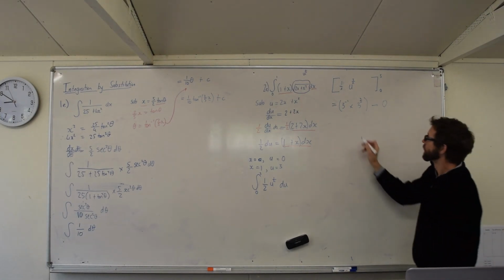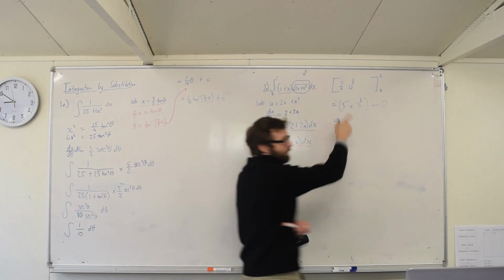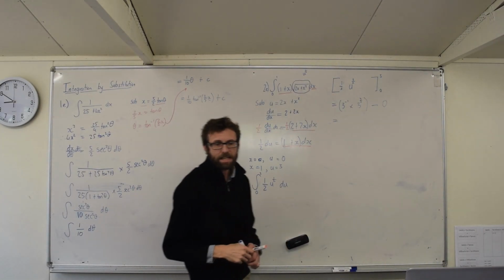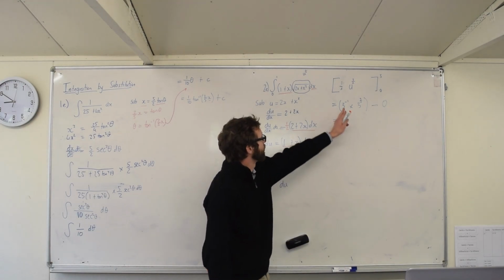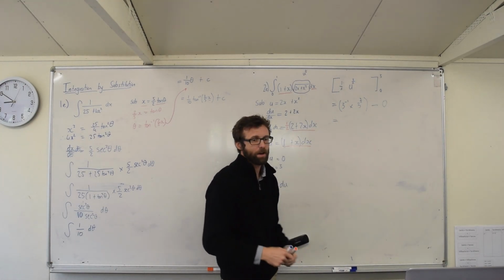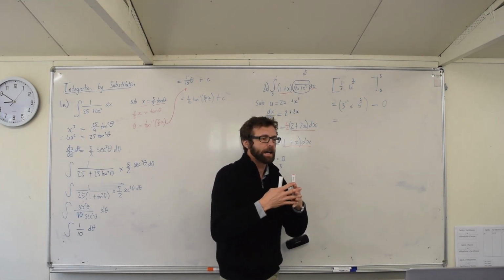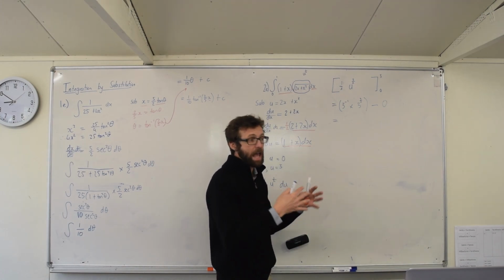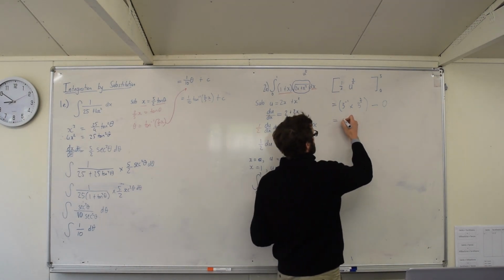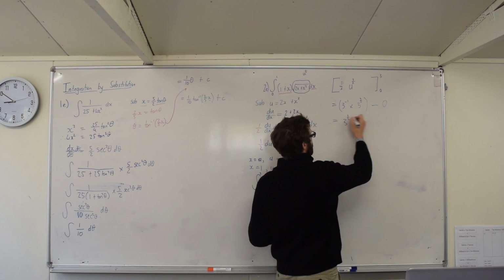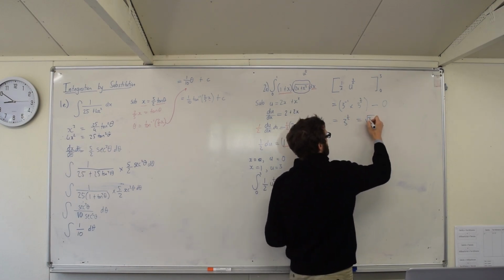Now we could do this as a decimal, but we know our index laws, don't we? 3 to the minus 1 times the 3 to the power of 1/2. When we're multiplying indices with the same base, we add the powers. So this will simply be 3 to the power of 1/2, which is square root 3.